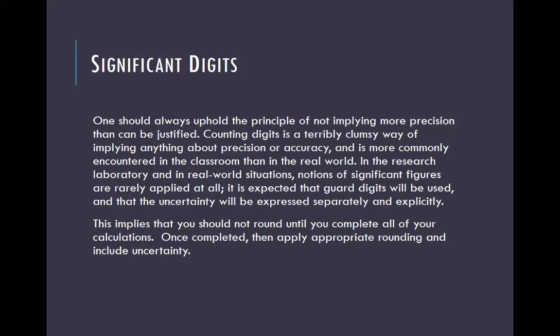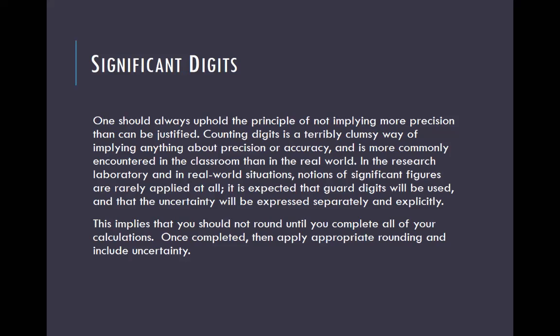However, in the research lab or in real world situations, I think about the times when I was working in pharmaceuticals and we had to submit to the Food and Drug Administration, we have to guard how many digits we put out there because we don't want to put out data that is not as accurate as we say it is.